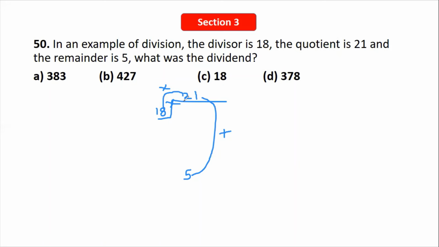We can say 18 multiplied by 20 plus 18 multiplied by 1, which is 360 plus 18, or 378. Now we add 5 to 378, which is 383. So that's the answer. The dividend is 383.